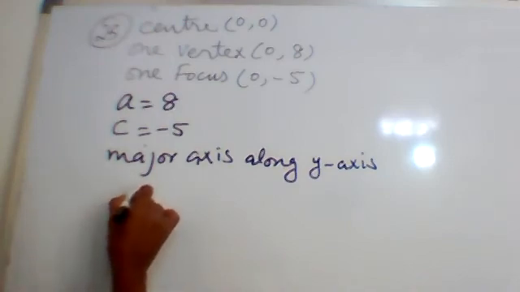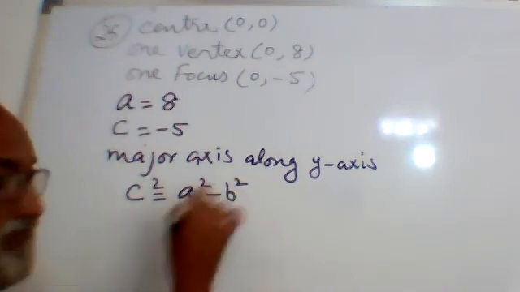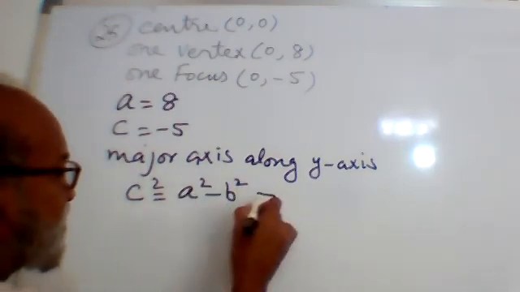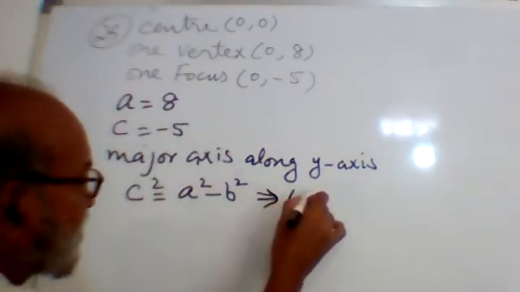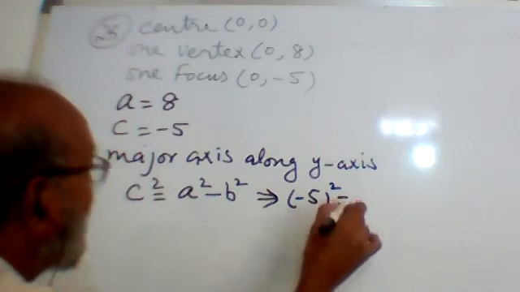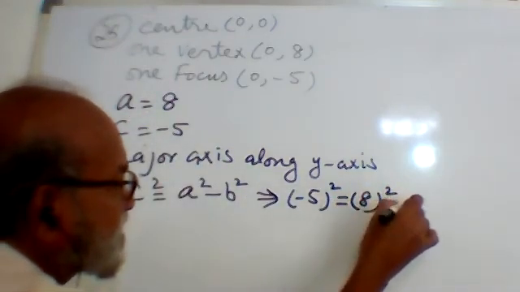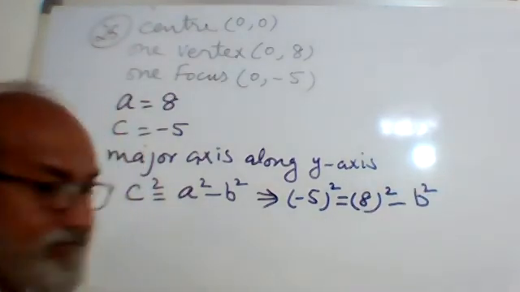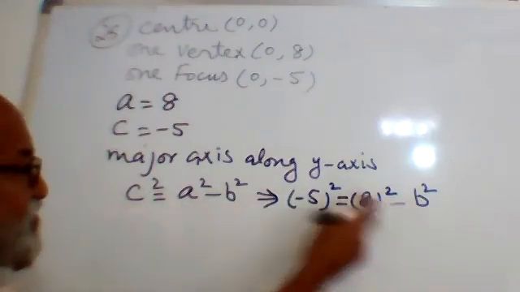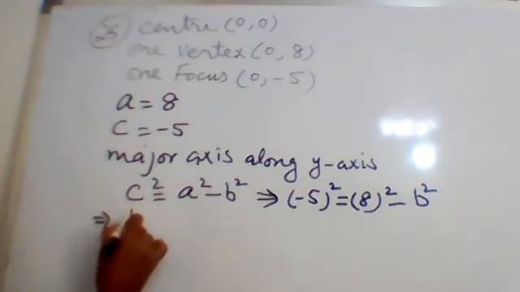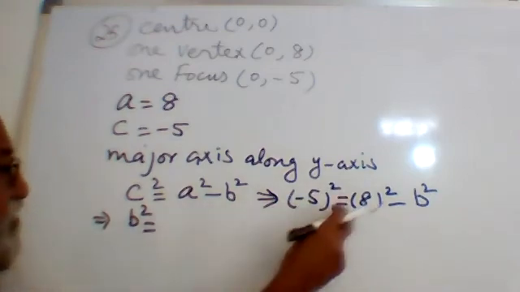So C square is equal to A square minus B square. Put the values: C square, minus 5 square, equals A square, 8 square, minus B square. So minus B square will become plus B square, and minus 5 whole square will come on the other side. 8 square is 64.